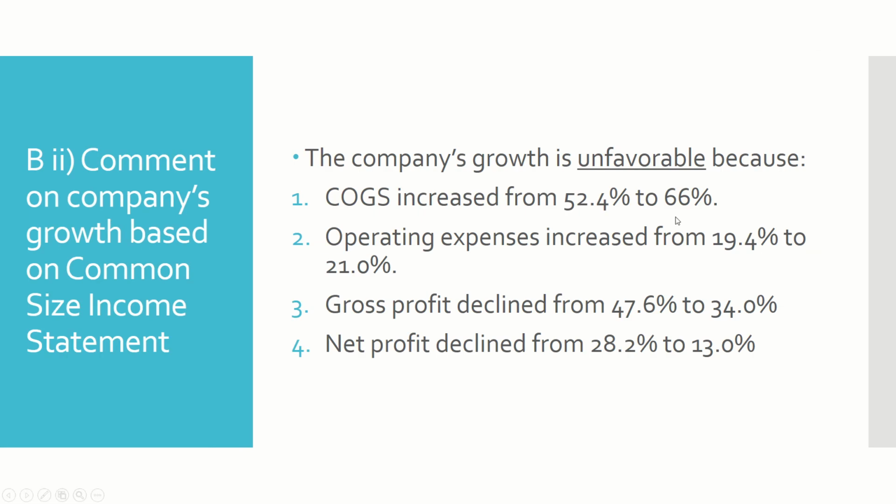Next, number 2. Assess the development of common size ratio prepared in 1 above. Whether the company growth is favorable or unfavorable. The answer is the company growth is unfavorable because, 1. Cost of goods sold increased from 52.4% to 66%. 2.